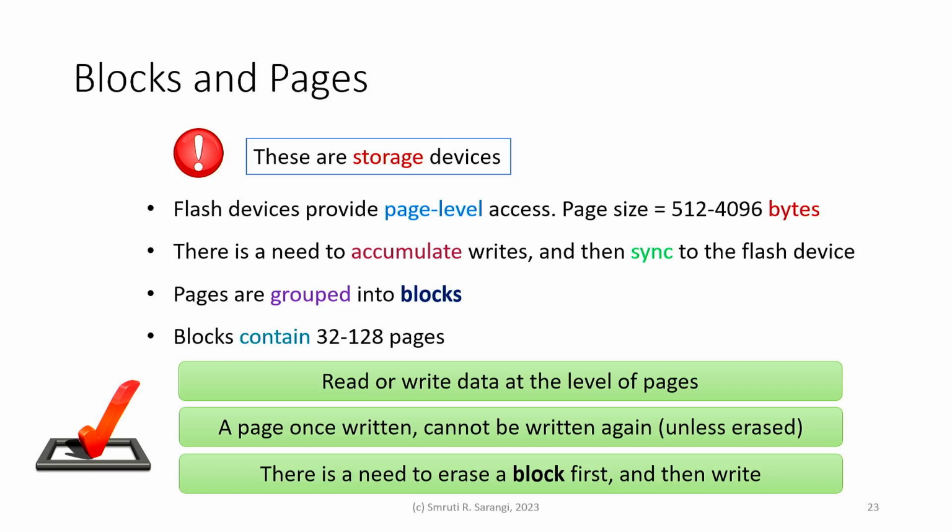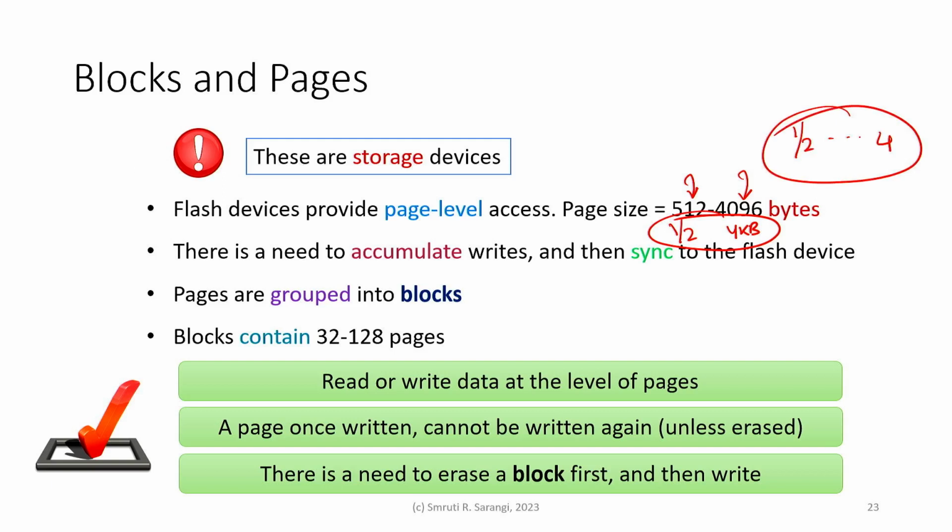In the flash world, a page is between 512 and 4096 bytes, which is basically half KB and 4 KB. A page, depending upon the vendor of the device, could be anywhere in the spectrum between 0.5 and 4, a power of 2.